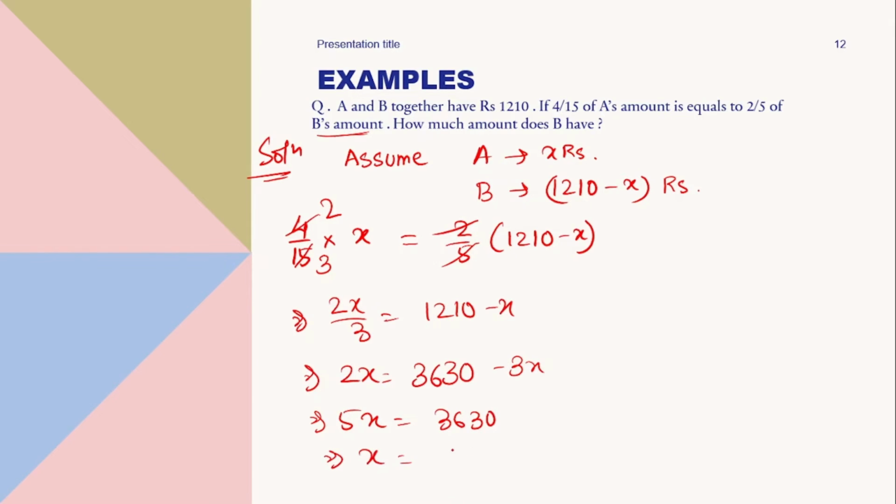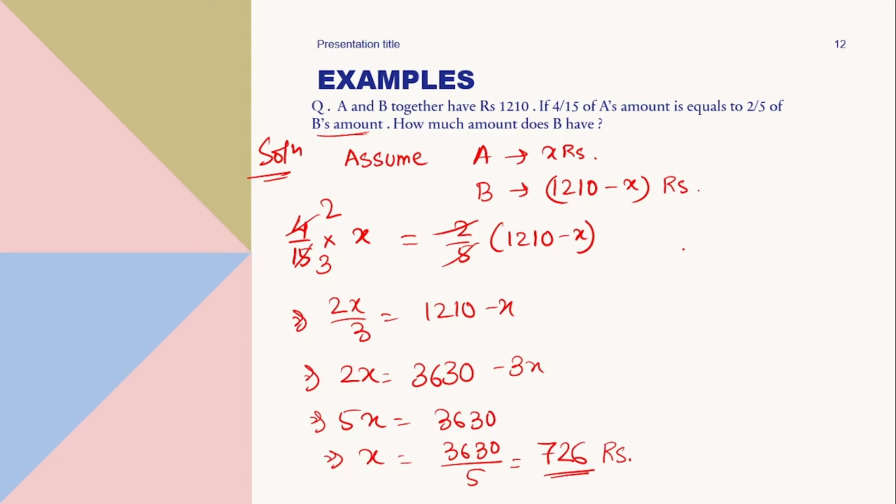So the value of x will be 3630 divided by 5, that is 726 rupees A has.